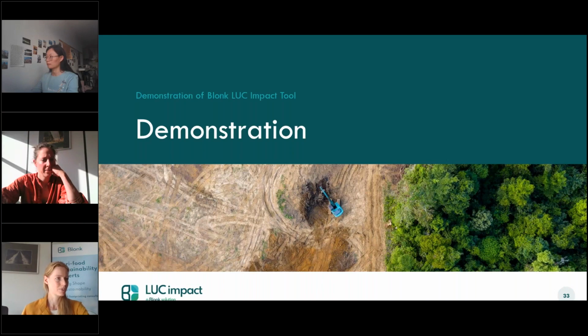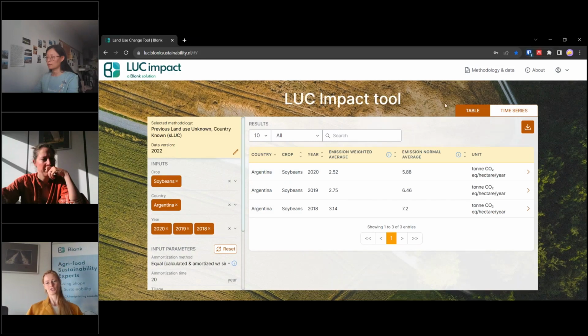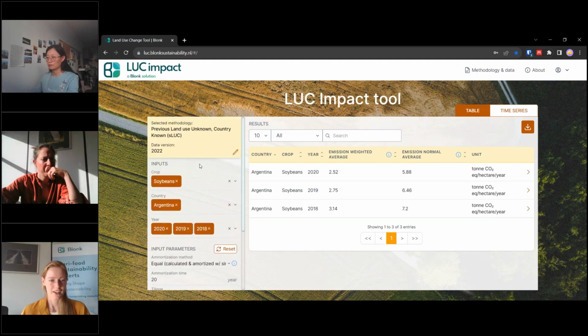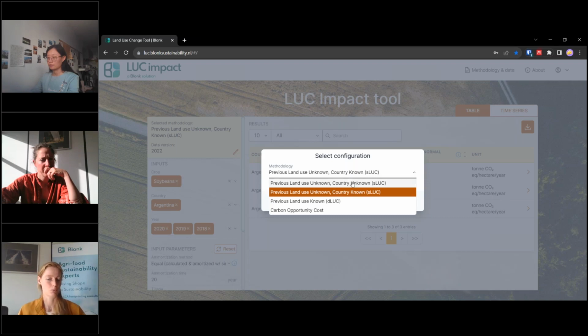So let's take a look at the tool itself. It might take some time to start up the calculations, but well, this is the interface that you'll see. I'll actually start by showing the calculations directly, and then I can show the other functions that the tool has. As a first step, you select which basic methodology you want to calculate with.